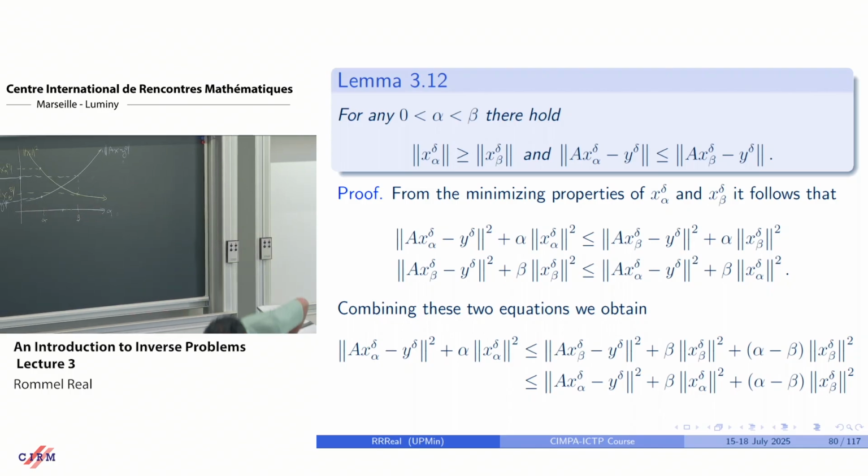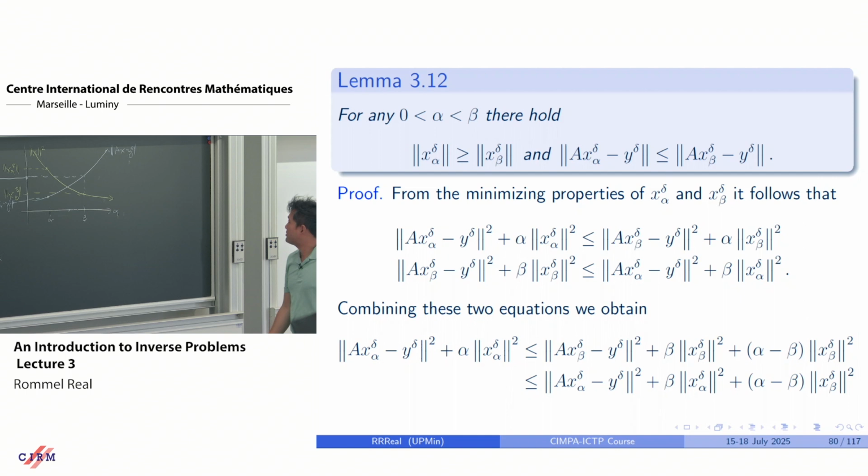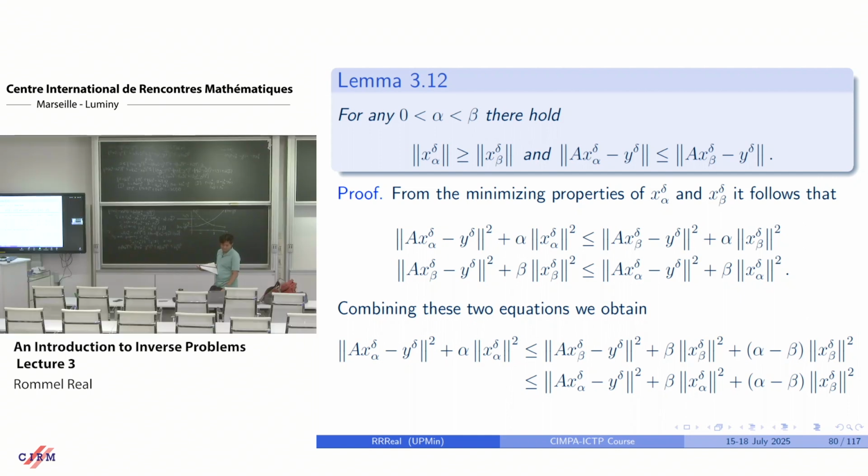So with that, here's how we prove it. First, from the minimizing properties of x sub alpha delta and x beta delta, we have these two inequalities here. That's just the same as what we did earlier. The first one is in terms of alpha, and the second is in terms of beta.